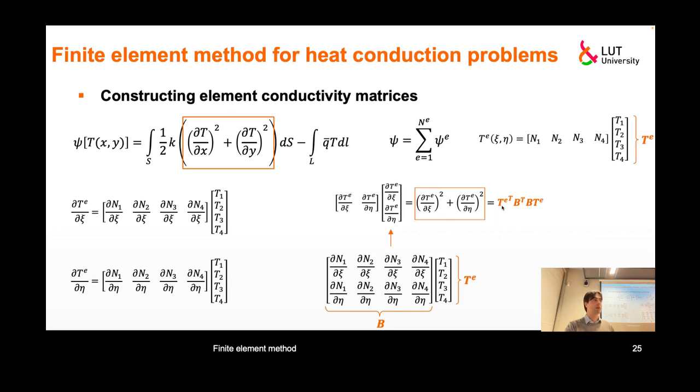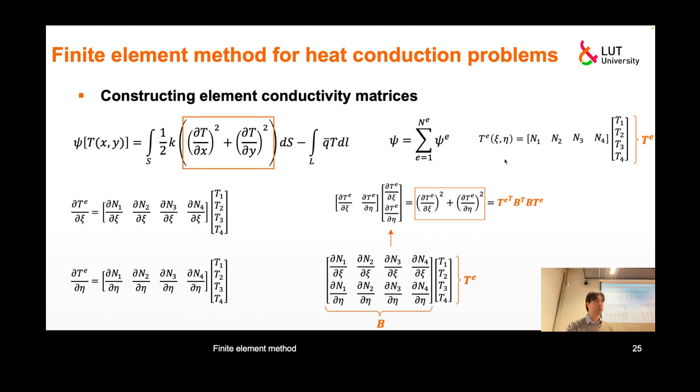So the transpose of the column of nodal temperatures, which is a row of nodal temperatures, is on the left, just this column of nodal temperatures is on the right, and inside we have this product of B transpose and B. B is this gradient matrix. I can calculate it if I know the shape functions. Okay, so at any point within our element, any interior point, I can calculate this thing that is in my functional using this expression.